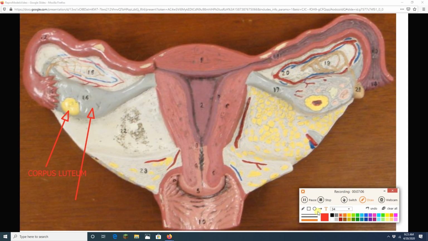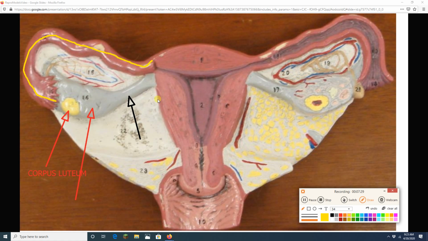The ovary is physically linked to the uterus by this guy right here. That's the ovarian ligament. Now, I can then see my fallopian tube draped over the ovary. Fallopian tube is this whole thing right there.